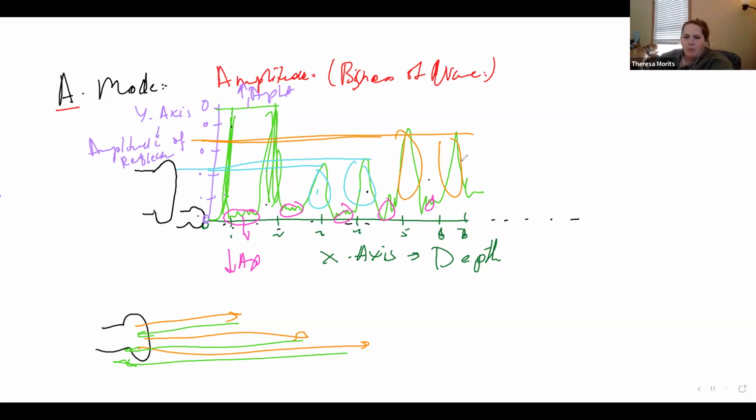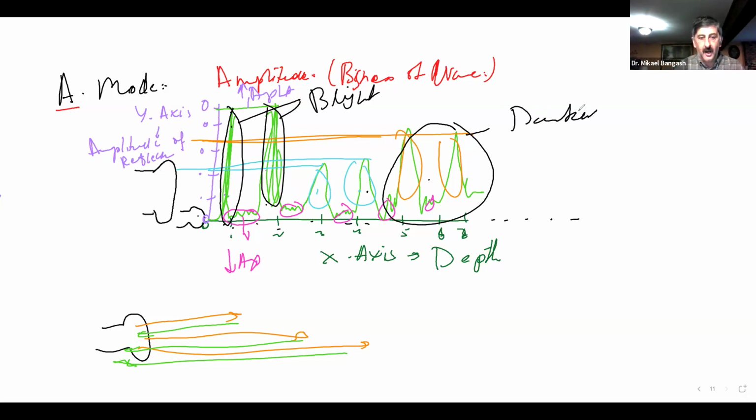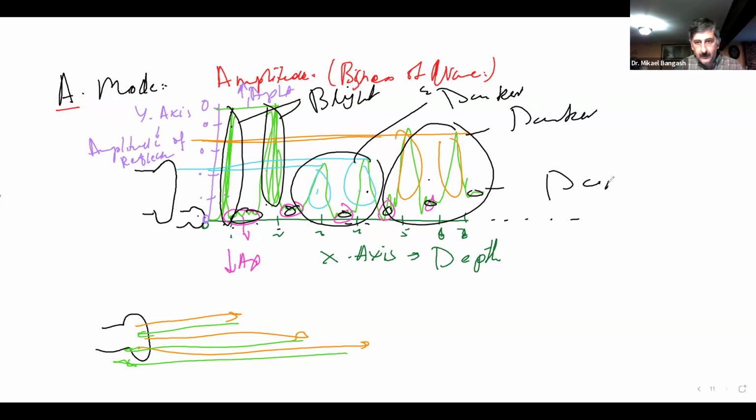So what can we say about these, had this been a traditional image? These reflections here would have been bright. These here would have been darker, and these here even darker, whereas these would have been the darkest reflections.